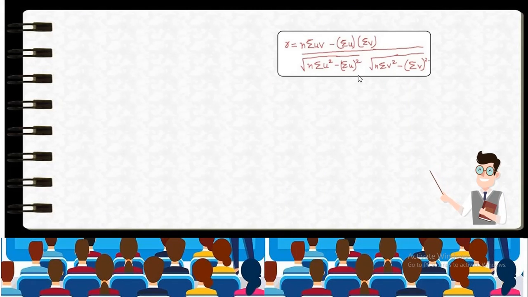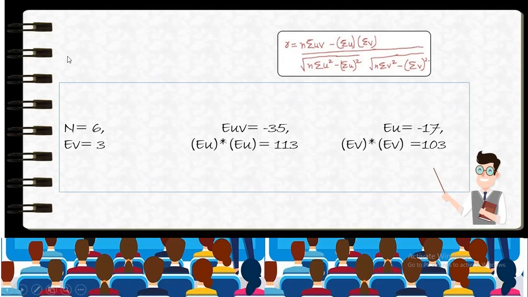This is the formula. n we have, which is 6. Sigma uv is minus 35. Sigma u is minus 17. Sigma v is 3. Sigma u square is 113, and sigma v square is 103.